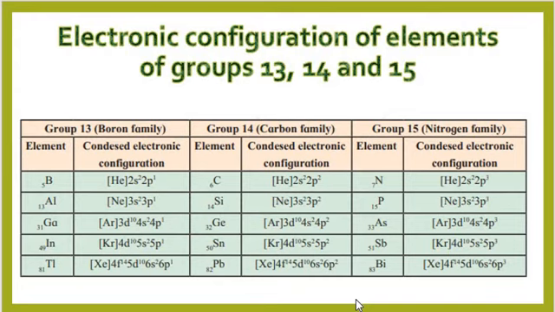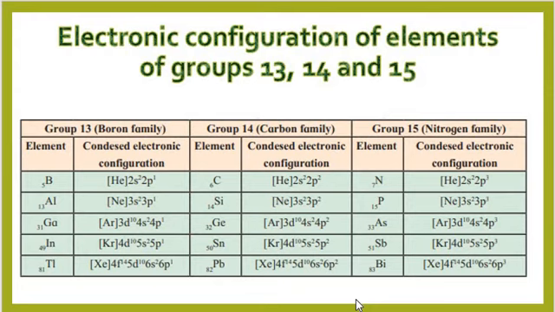These elements do not occur in the free monoatomic state. They are found as compounds, in combined state with other elements, or as polyatomic molecules. Like nitrogen exists in the form of N2, which is diatomic. Phosphorus exists as tetraatomic P4.